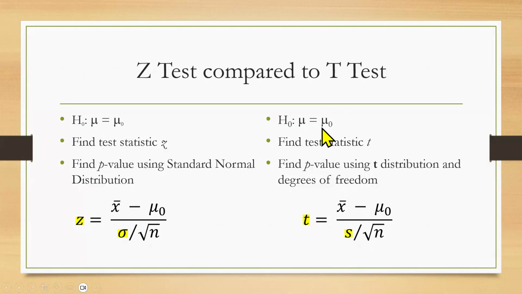We say, I think the true mean of my population is this, and we find our test statistic by comparing our X bar to that specified value. Then we finish calculating this t, and we use the t-distribution table or software to find the p-value, just like I showed you from the table, also using the degrees of freedom. Okay, so we didn't have to use the degrees of freedom for our standard normal.